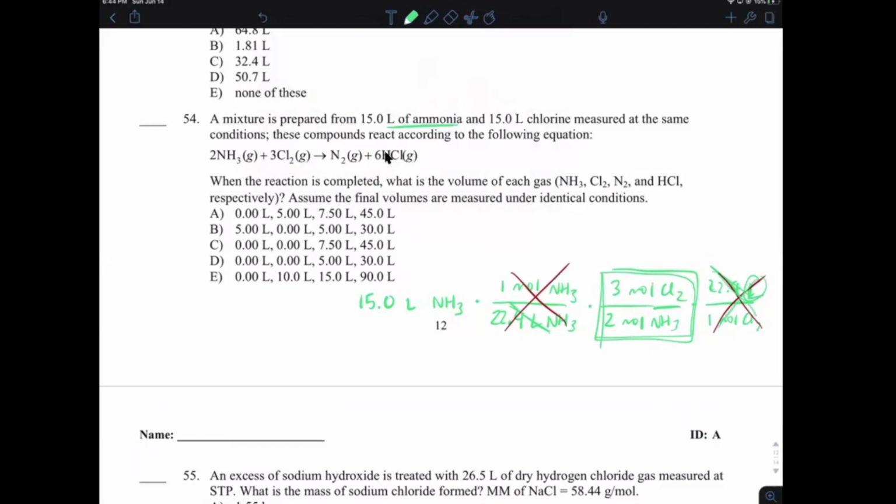What would be our limiting reactant? Would it be ammonia or would it be chlorine? If we divide by the coefficients, which one is going to be smaller?